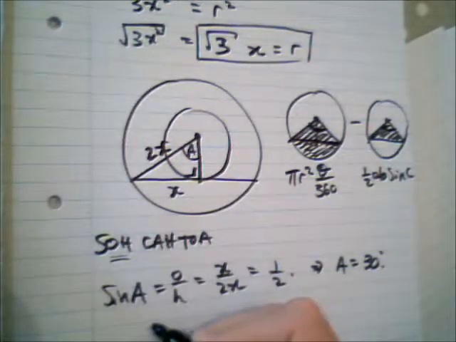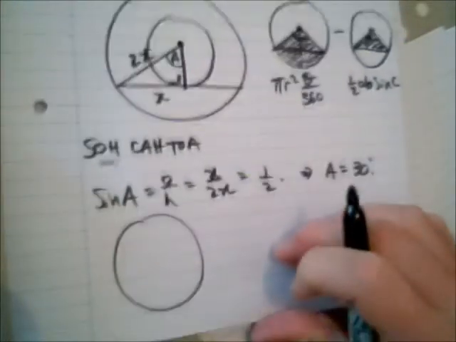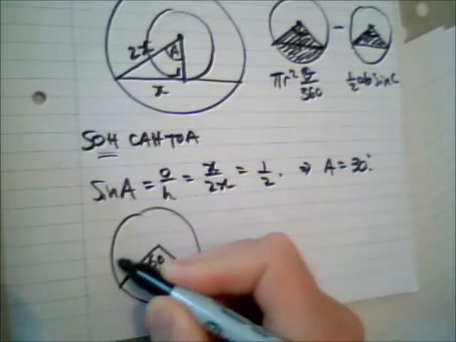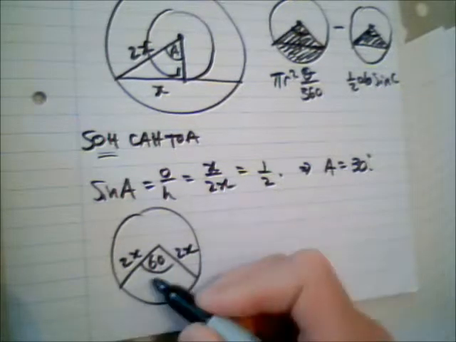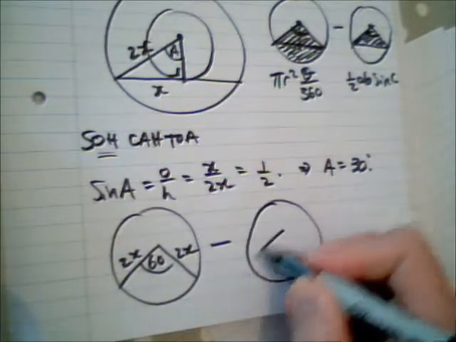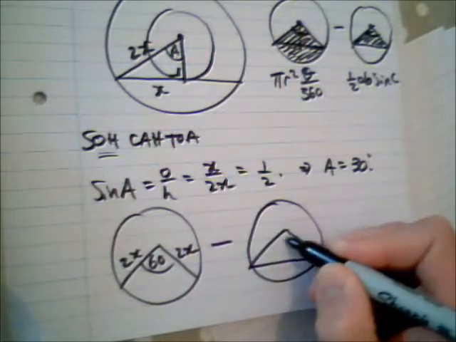So what we have now is 60 degrees, and this is 2x and 2x. So we're going to get the whole area of the sector, and then we're going to minus the area of this triangle.